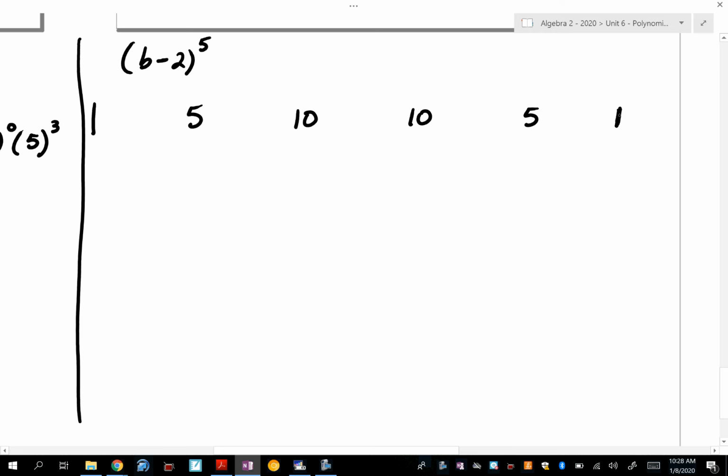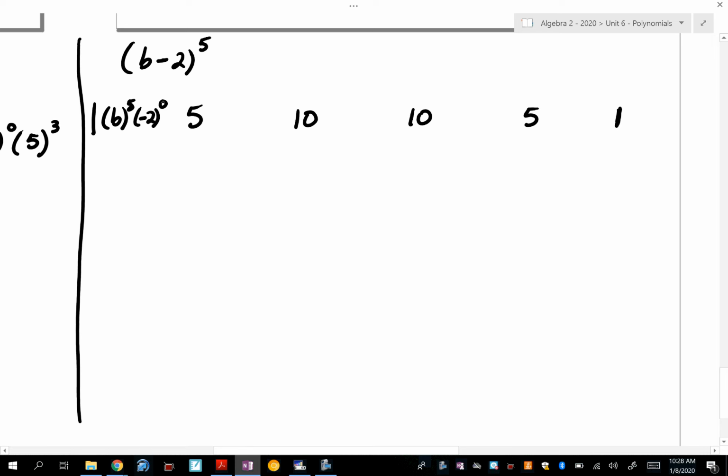All right. What's the first term here? B. So I'm going to put that in parentheses and do b to the 5th power. What's the second term? Negative 2. Make sure that sign comes with it. So negative 2 is going to be raised to the 0 power.